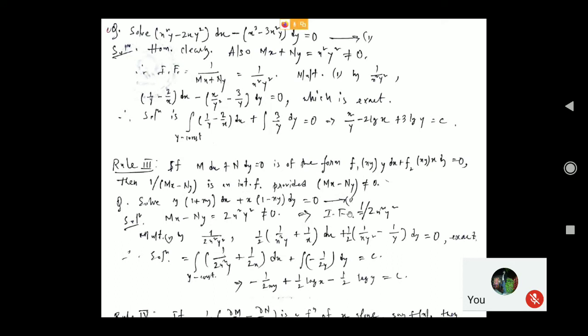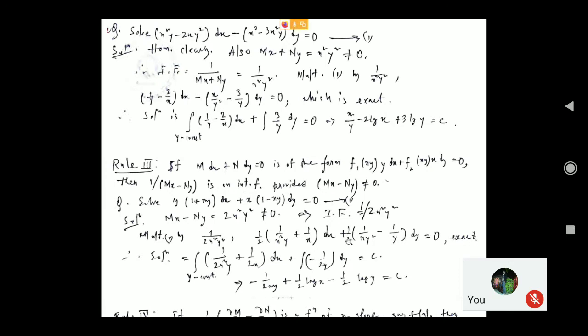Therefore, in this case, the integrating factor is 1 by (Mx minus Ny), this 1 by 2x squared y squared. So the original equation was not exact, but if we multiply by the integrating factor, then it becomes exact. So we multiply equation 1 by this factor, and we arrive at this equation.